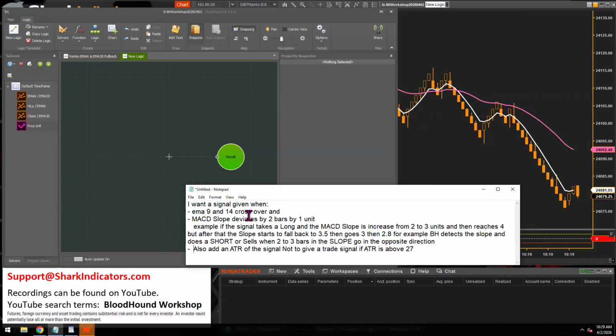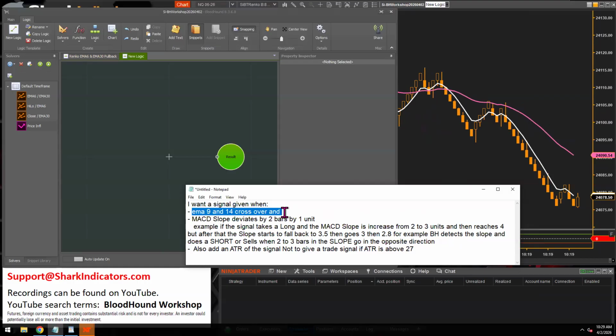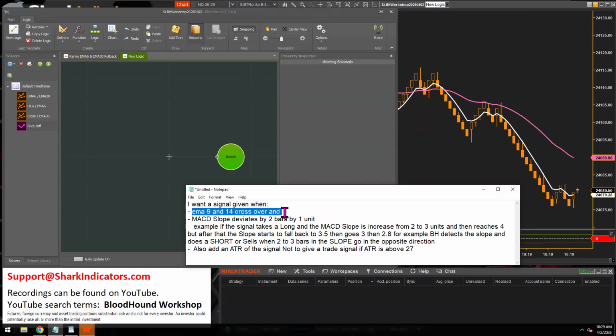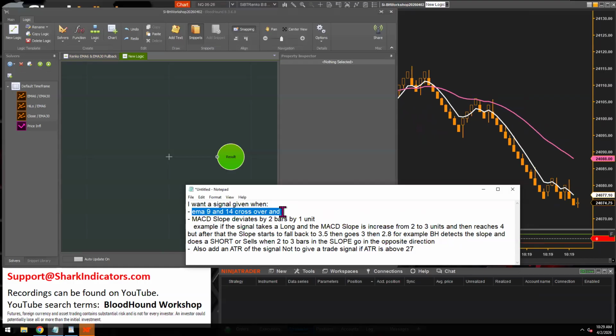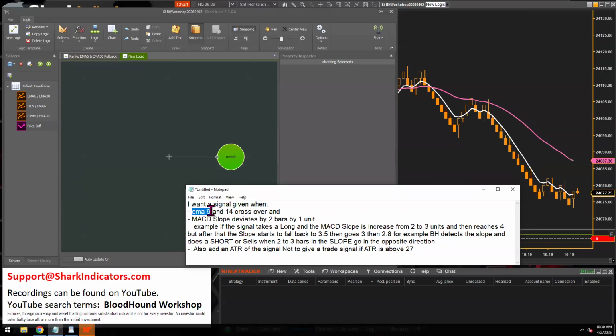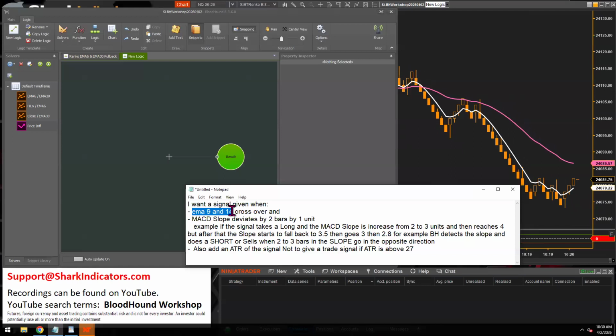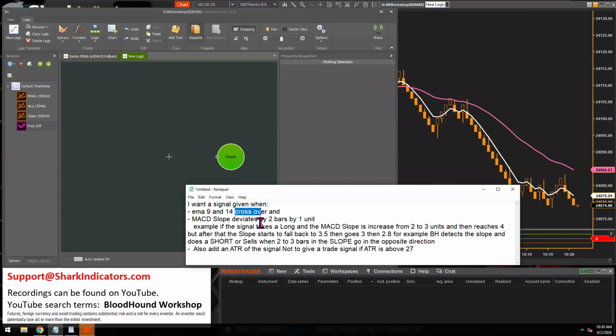All right, so the first condition here is pretty simple. We need the, I'm assuming, so most people use the word crossover incorrectly, technically. So I'm going to assume this means that the EMA 9 just needs to be above the EMA 14, not the actual crossover point.